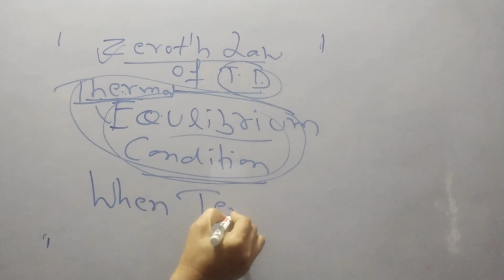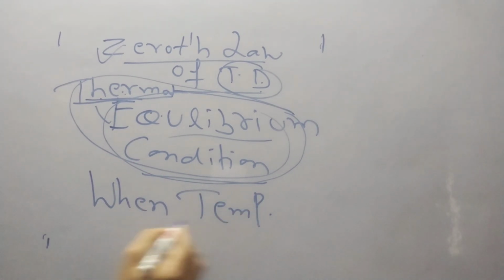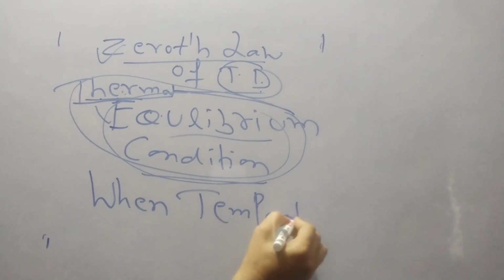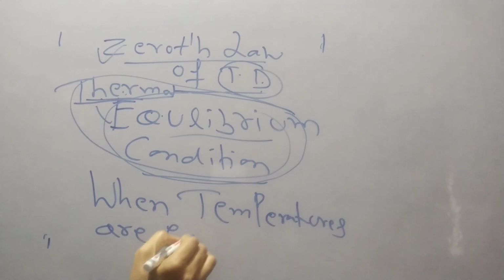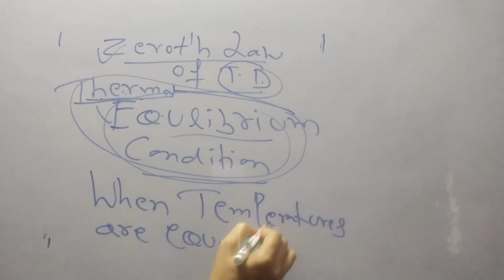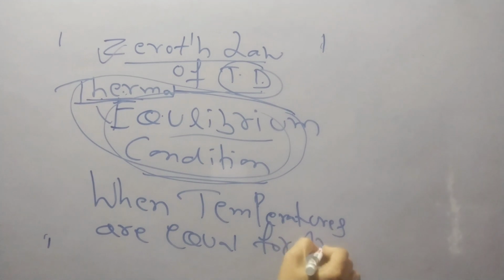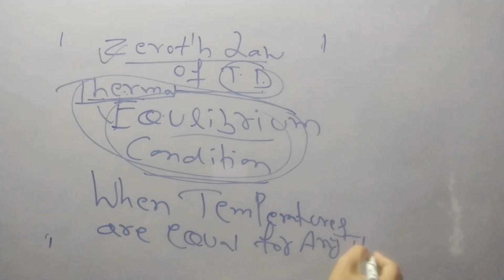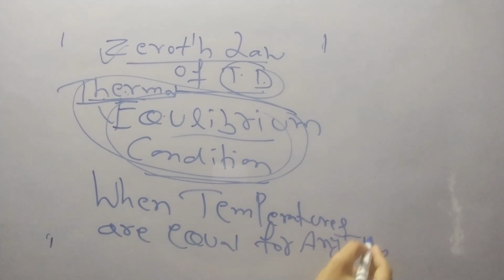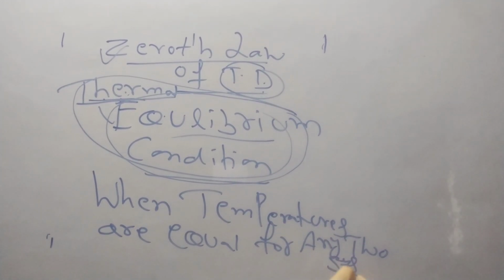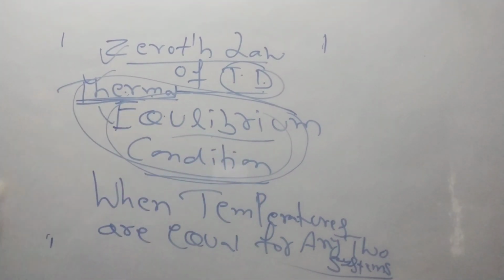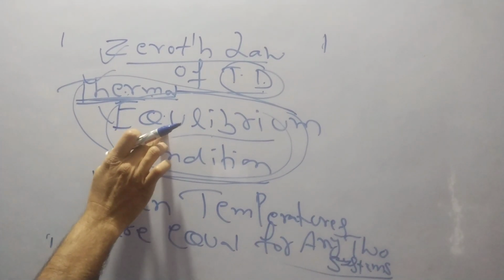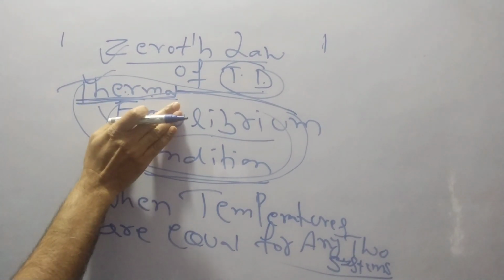When temperatures are equal for any two systems, then we can say those two systems are in thermal equilibrium condition, right? So thermal equilibrium means temperature should be equal.